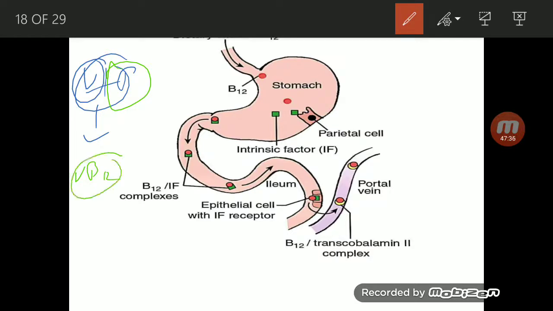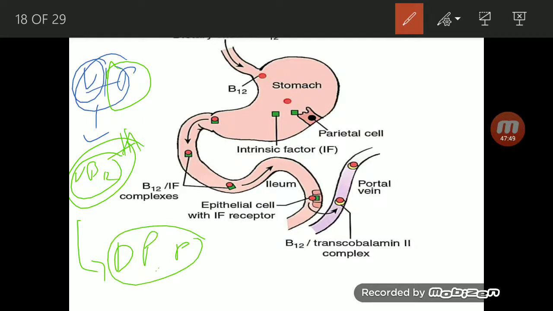To this vitamin B12 binds your salivary protein, which is your heptachlorine. This heptachlorine enters into your duodenum. In your duodenum, your pancreatic protease is going to act and break off this vitamin B12 and heptachlorine complex. So now you have only vitamin B12 in your duodenum.